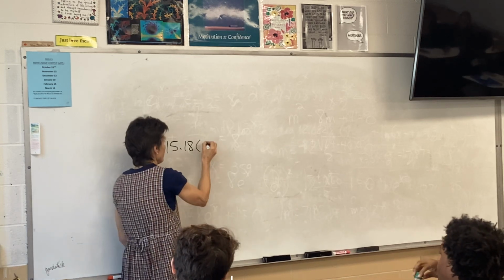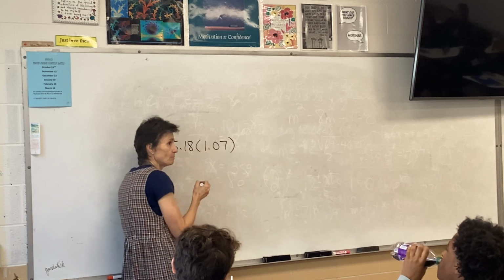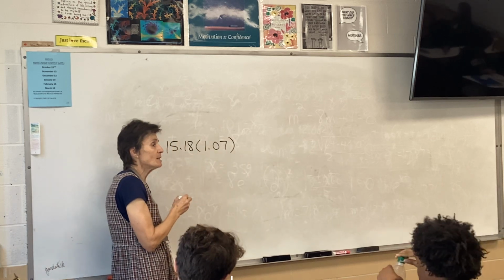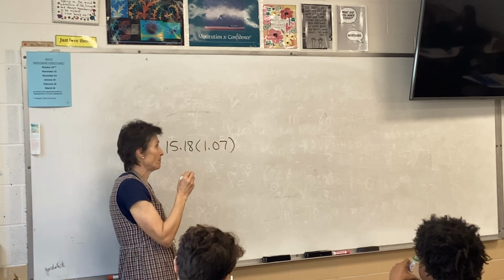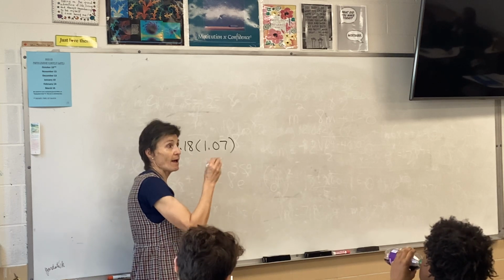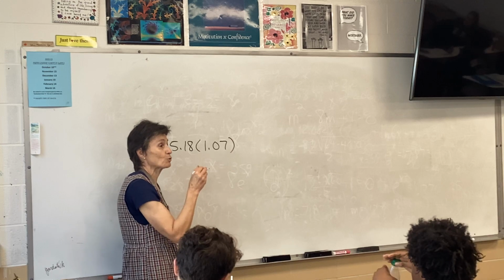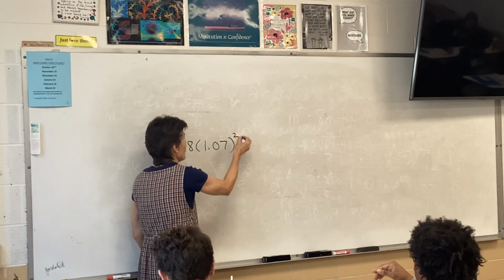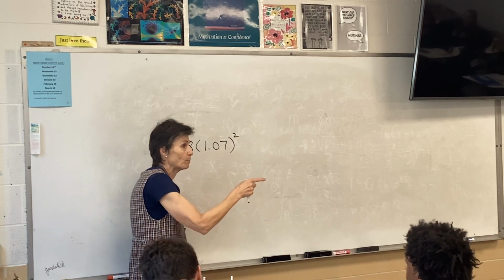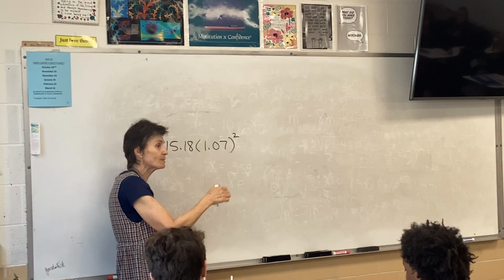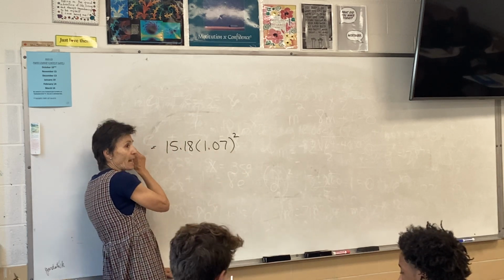So we multiplied by 1.07, remember that? And that's how we got it. Now, if it were going up 7% every year, and we wanted to know how much it would be worth after 2 years, then we would just multiply by another 1.07. Does that make sense to you? And that would give me the value now, whatever it is.